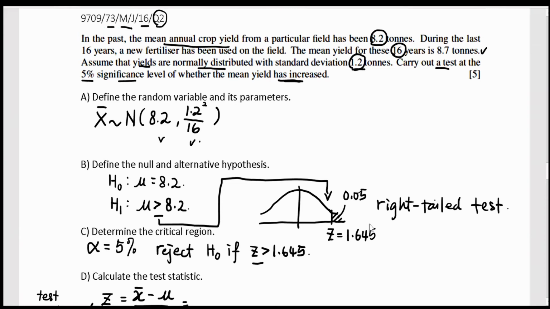Look at the question: the mean yield for these 16 years is 8.7 tons.